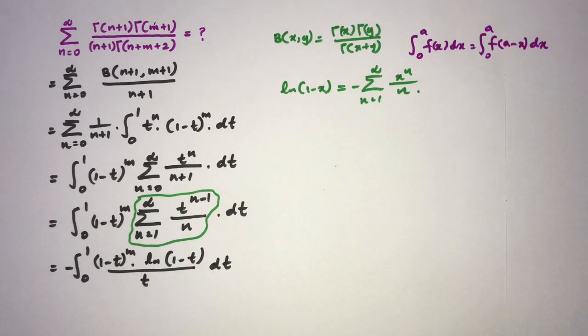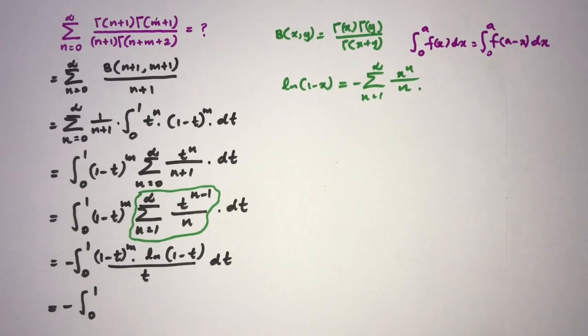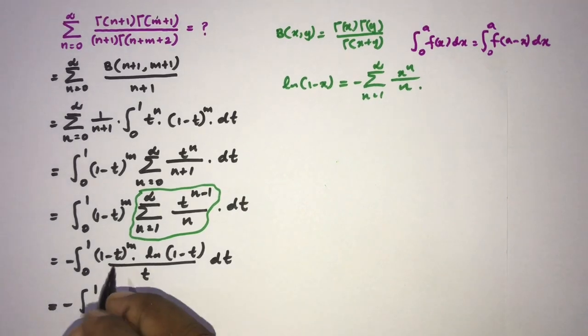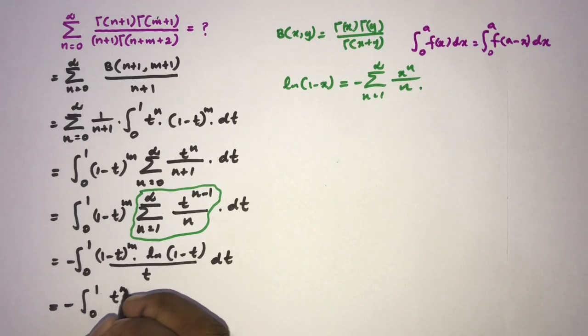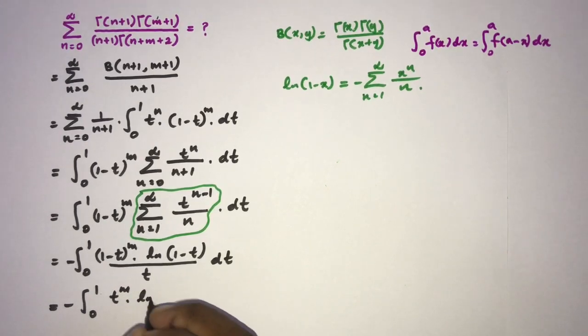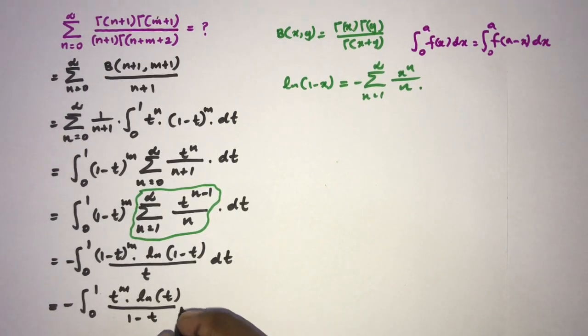So now we can write this is equal to minus the integral from 0 to 1. Now 1 minus t, the 1 gets cancelled, so here we have t raised to the m power times natural log of t over 1 minus t, dt.